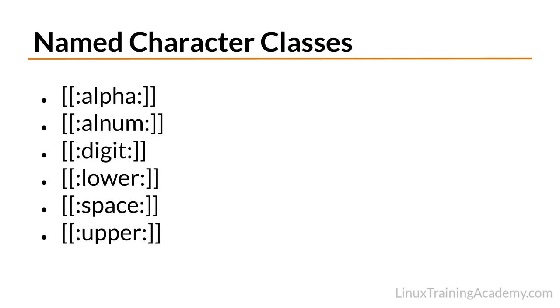Instead of creating your own ranges, you can use predefined named character classes. These named character classes represent the most commonly used ranges. Alpha matches alphabetic letters. This means it matches both lower and uppercase letters. Alnum matches alphanumeric characters. This means it matches alpha and digits.